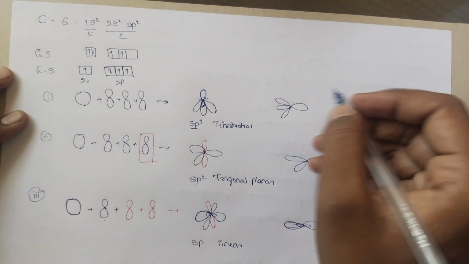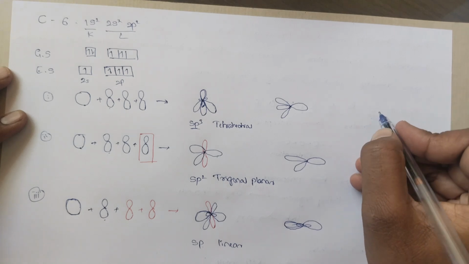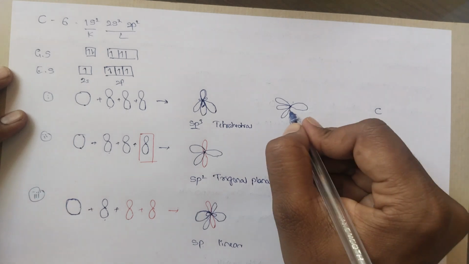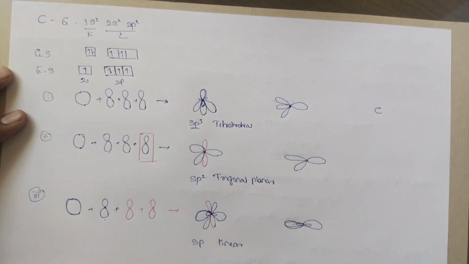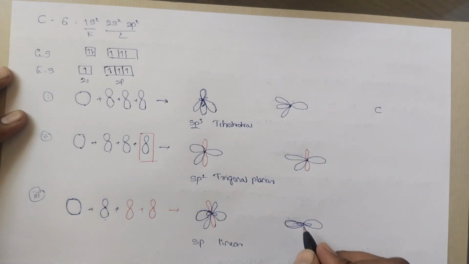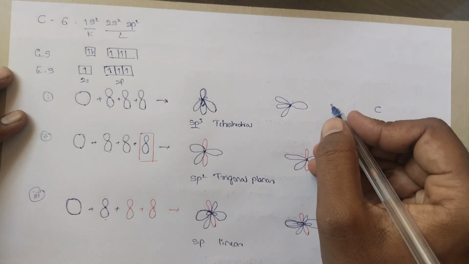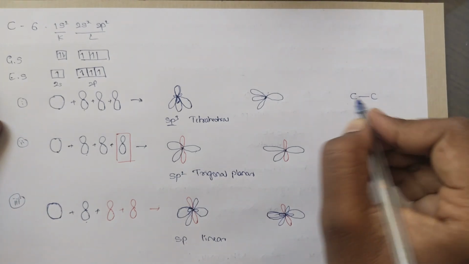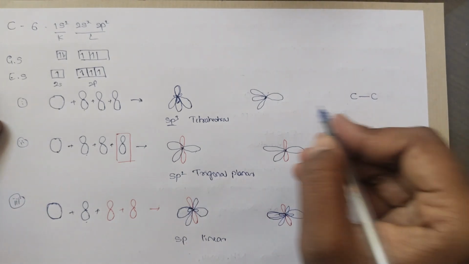Okay, I will write the structures here. This is one carbon atom. This is sp2 hybridized carbon. Here you can find the one unhybridized p orbital. Here you can find the two unhybridized p orbitals. Similarly, when this carbon is making a new bond with this carbon, this is also sp2 hybridized carbon.